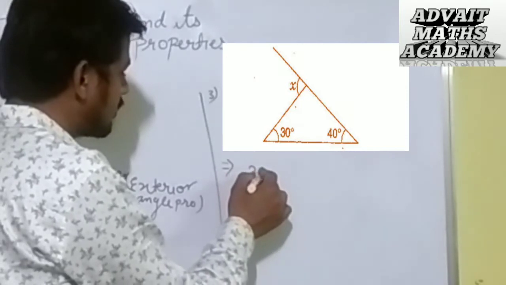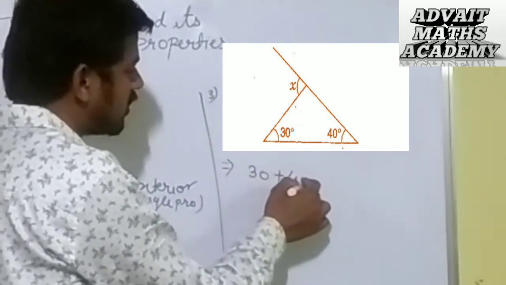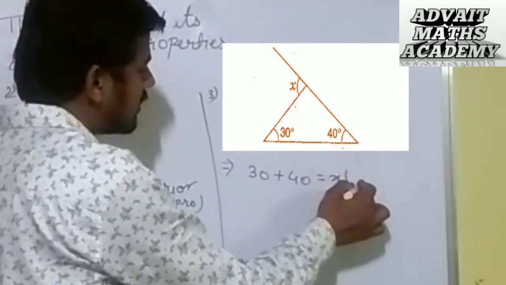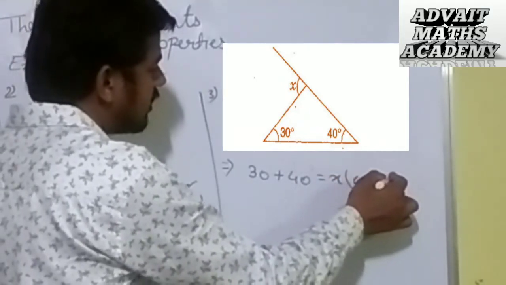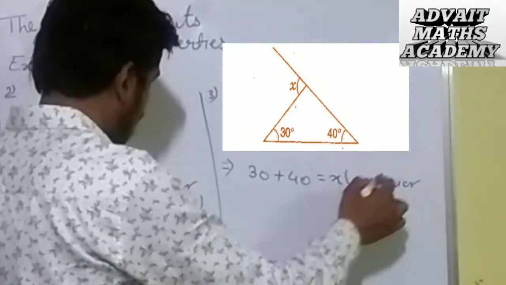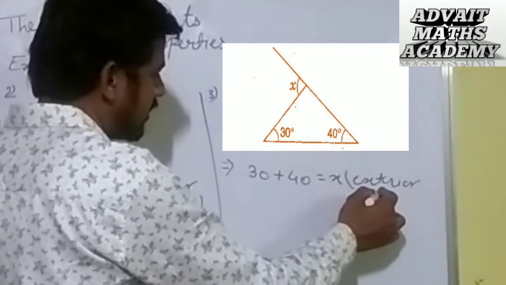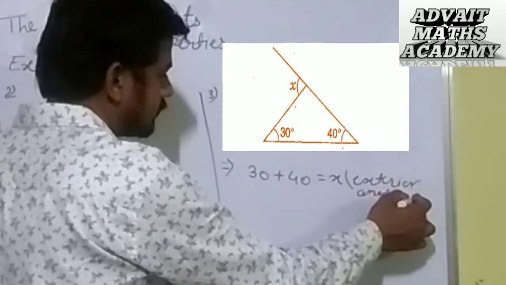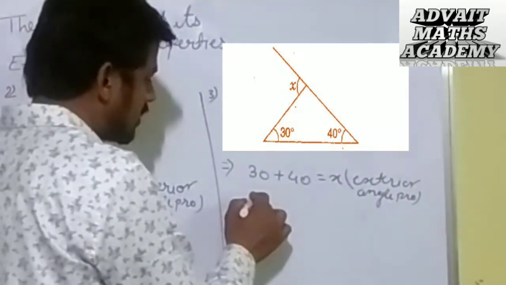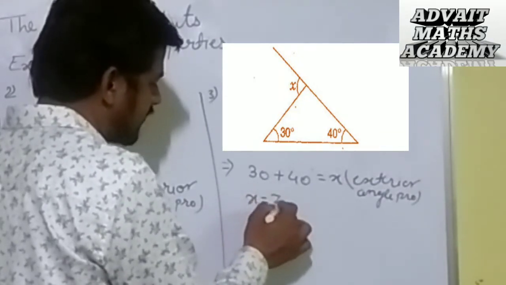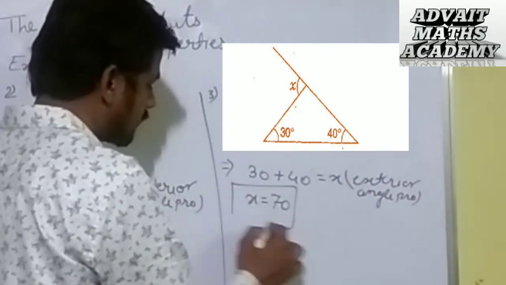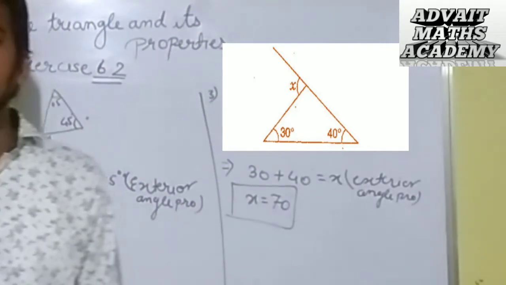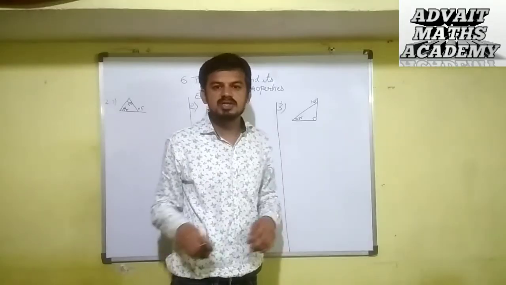Right? 30 degree plus 40 degree is equal to x. Exterior angle property, then x is equal to 70 degree. Similarly, the next three are homework for you.